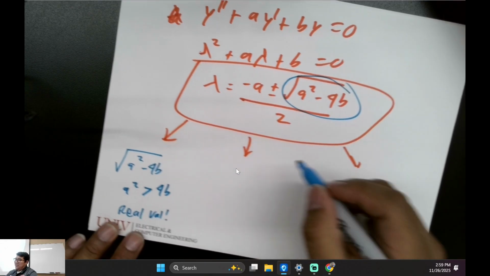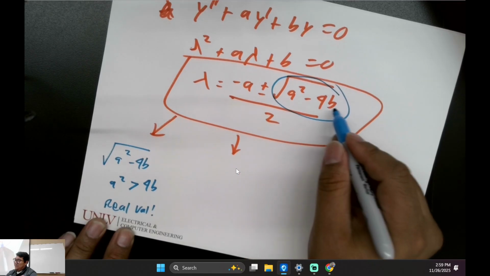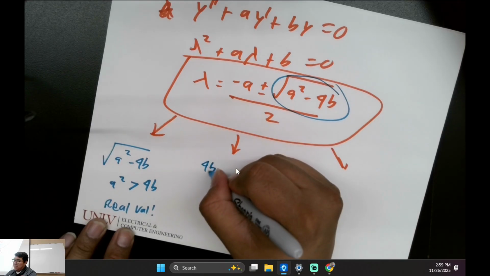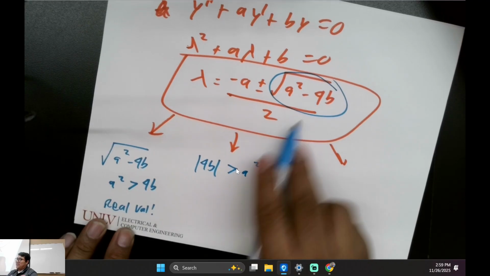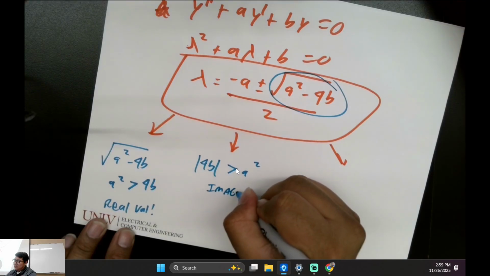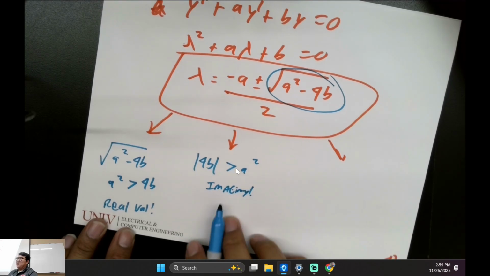But then there's a condition where the magnitude of 4b is greater than a squared, so now you get an imaginary number. Then that's when you have to start using those other equations.